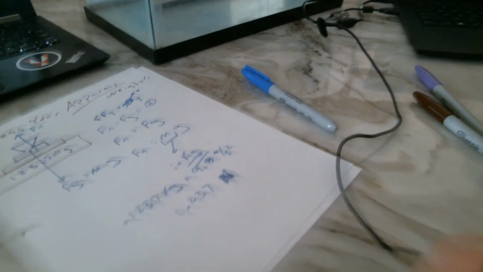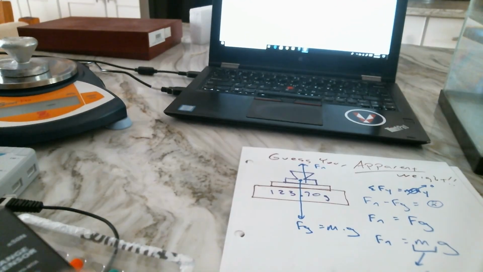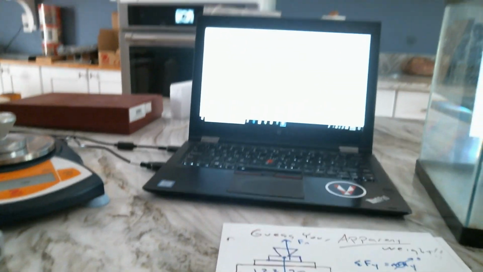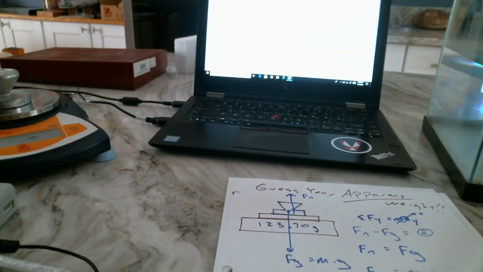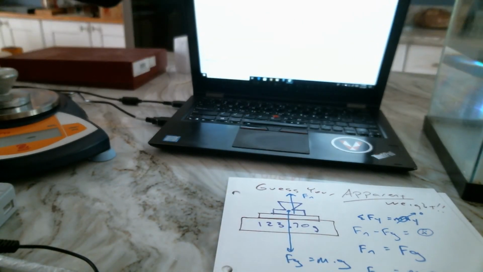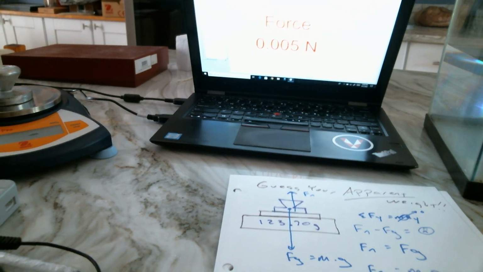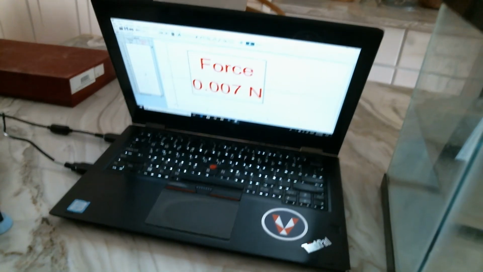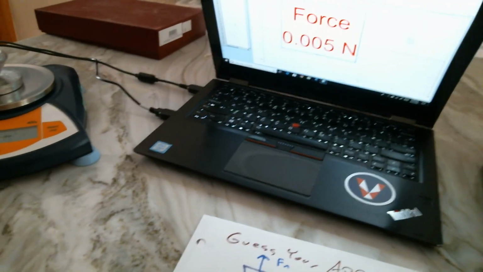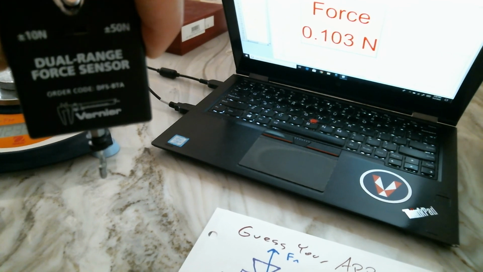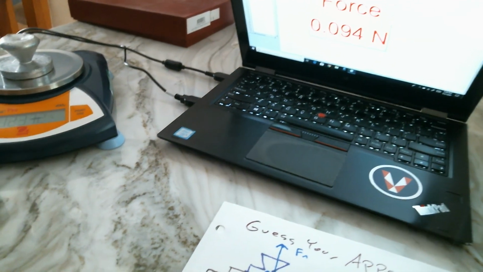But what I want you to look at then is there's the computer screen. And now you can see it has just got a bit of a glare there, but it's connected to this magic forceometer. When I'm holding it vertically, it should register 0.